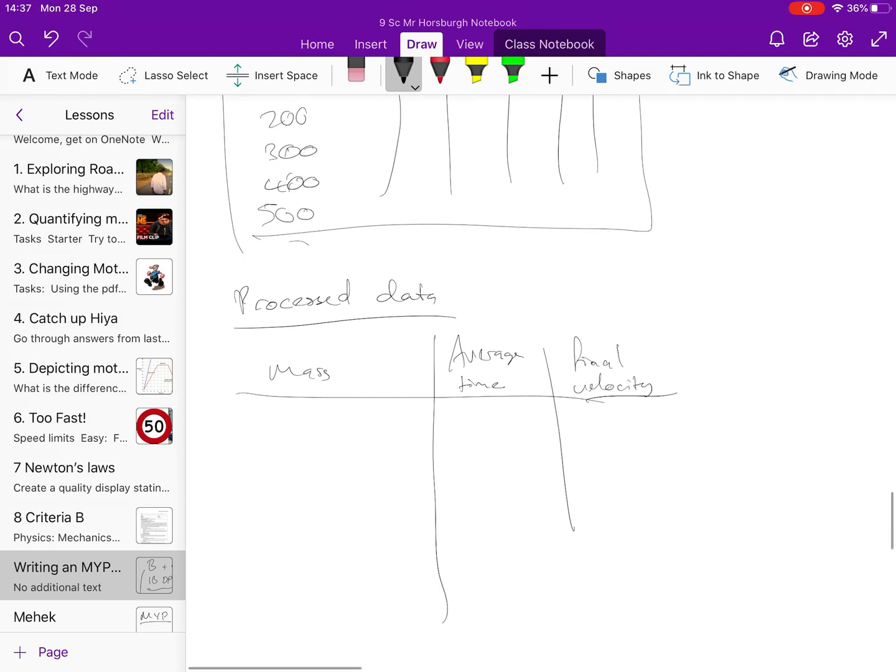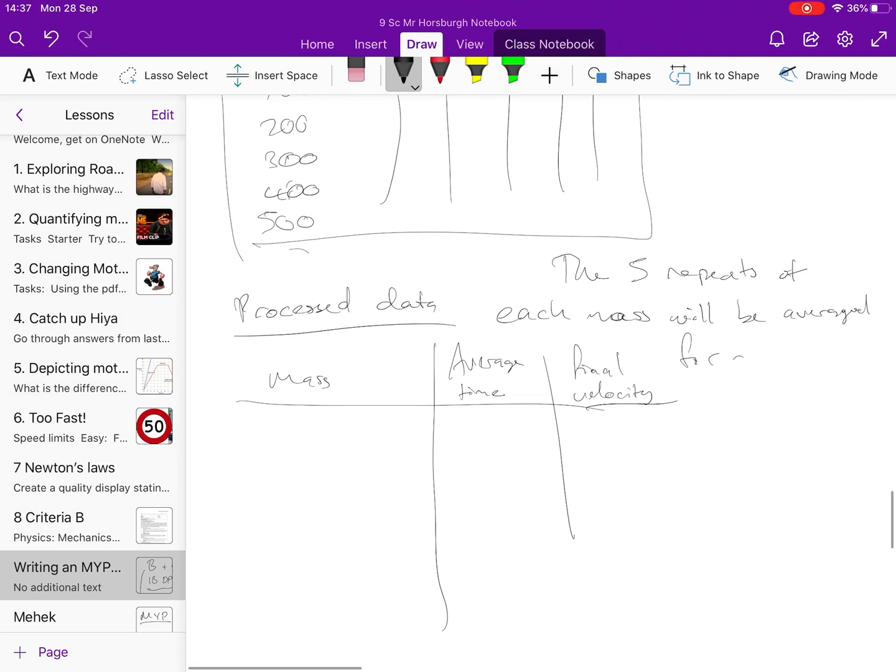So you would describe somewhere here that the 5 repeats of each mass will be averaged for average time.